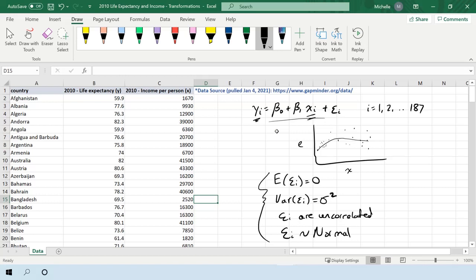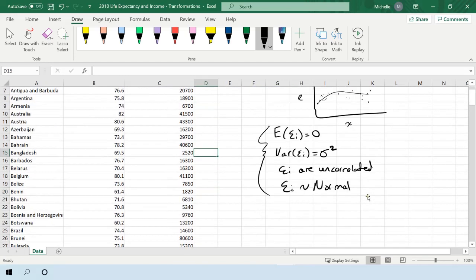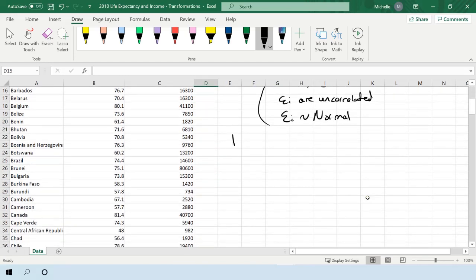So we can try to better satisfy these assumptions by making some transformations on x and y. Before I start thinking about what transformations I want to make, let's think through some possibilities if you want to make a transformation on x. You would be in a situation where, when you plot x and y, your actual observed data, you're not seeing a linear line. You don't see data just randomly scattered around a linear line.